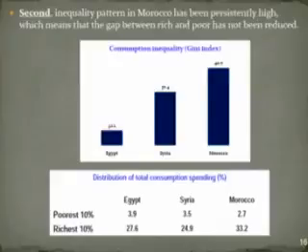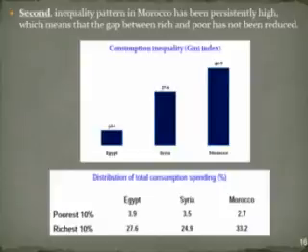The second issue is inequality. The inequality pattern in Morocco has been persistent, which means that the gap between the rich and the poor has not been reduced. If you take consumption inequality, and I will say why I'm talking precisely about consumption inequality, it's measured by the Gini index, where 0 means perfect equality, and 100% means that just one guy has everything and all others have nothing.